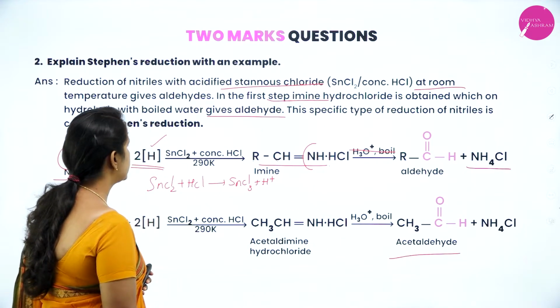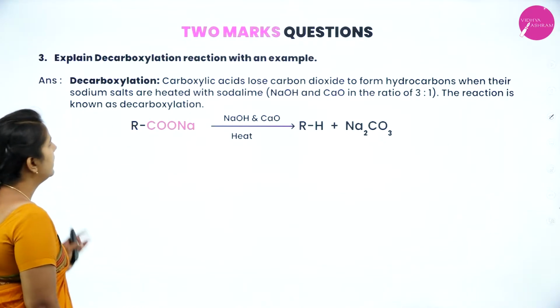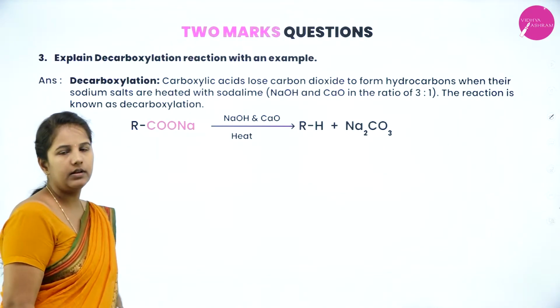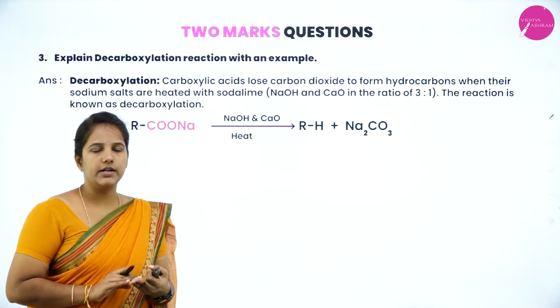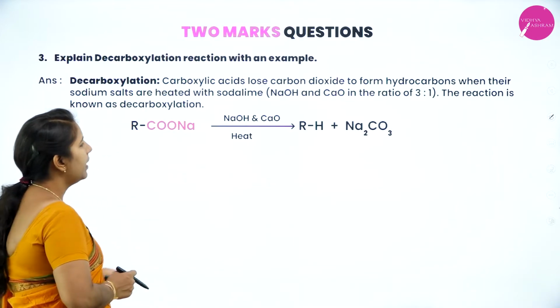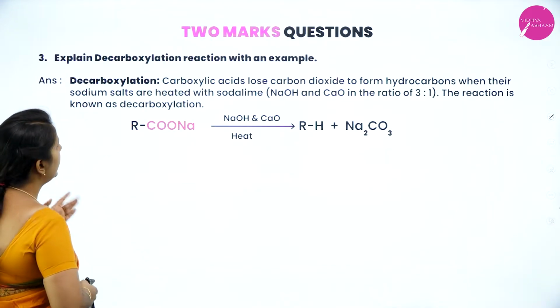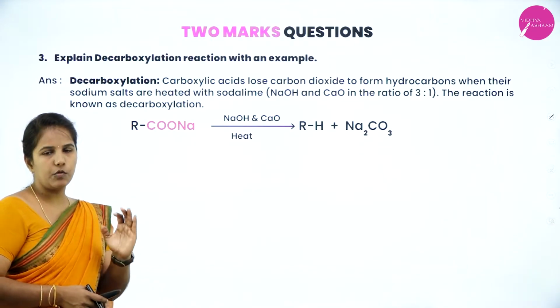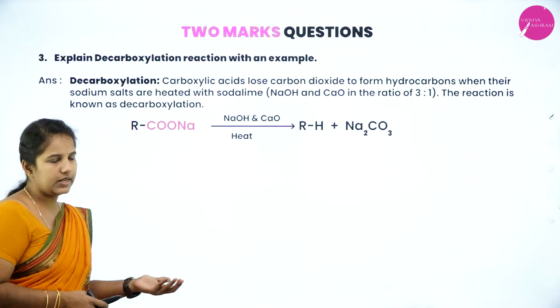Okay, next. Explain decarboxylation with an example. Decarboxylation comes under the chemical properties of carboxylic acid. Decarboxylation means the process of removal of the carbon dioxide group from carboxylic acids.